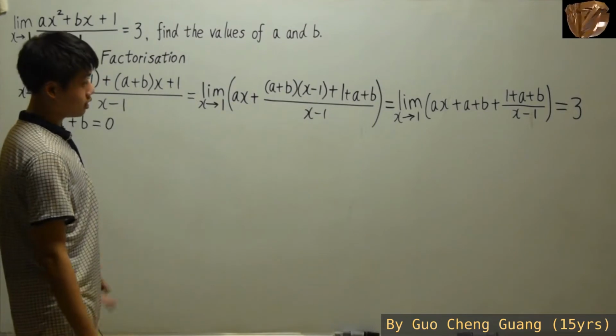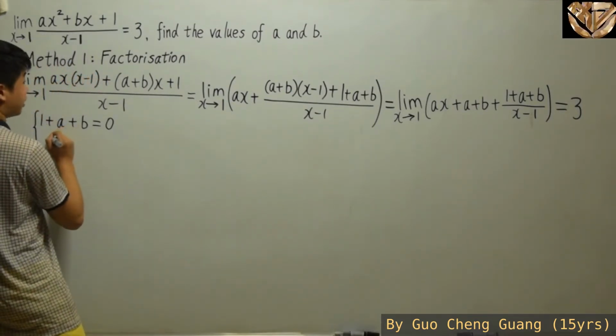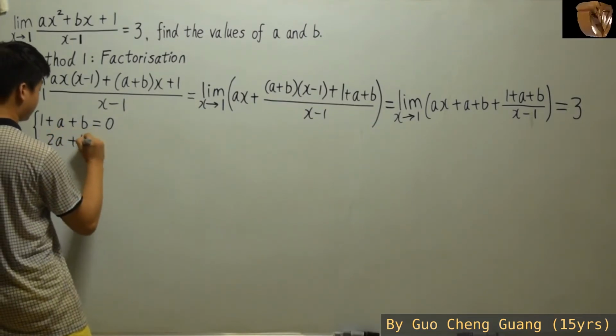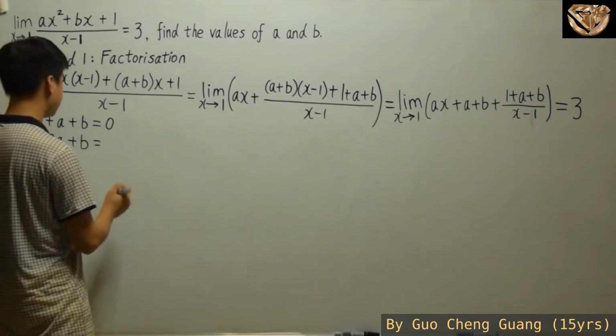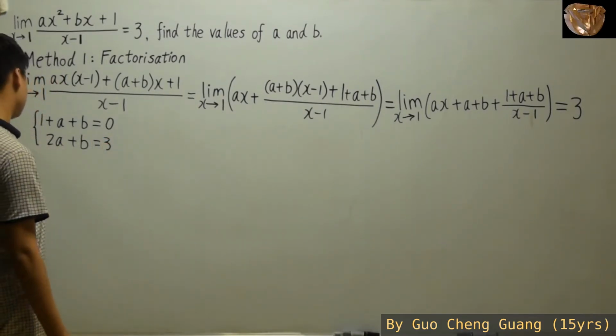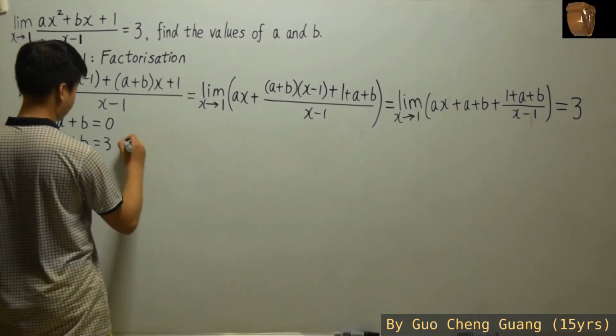And the other thing you can get is, since you have ax plus a plus b, if you substitute in your x, you're going to have 2a plus b. This is equal to 3. Alright, so now you just have to solve these two simultaneous equations.